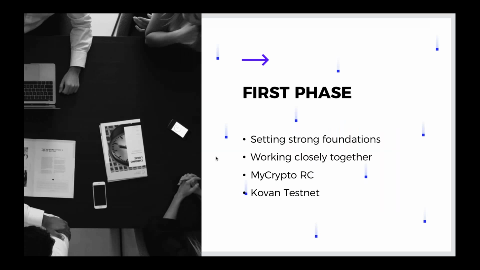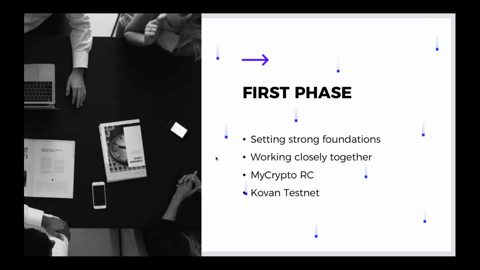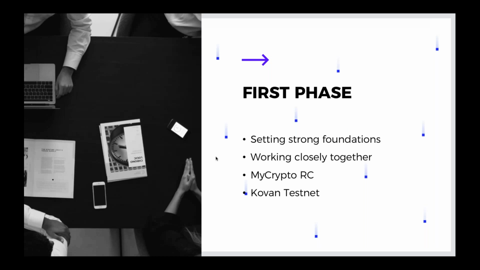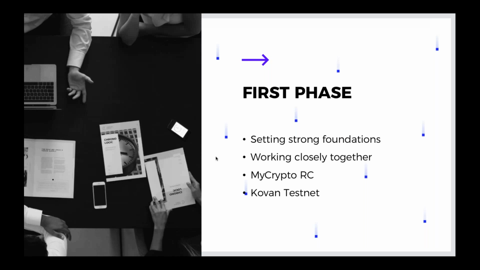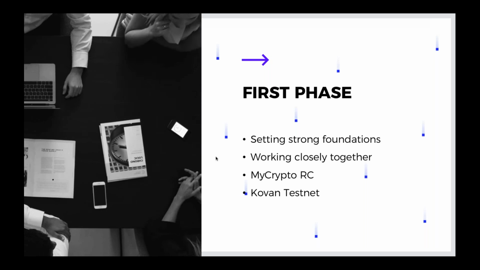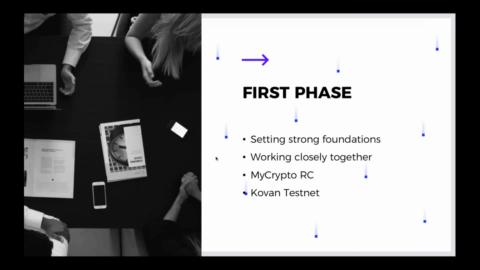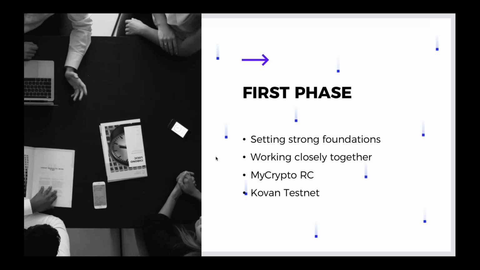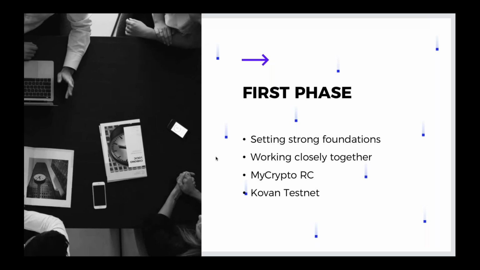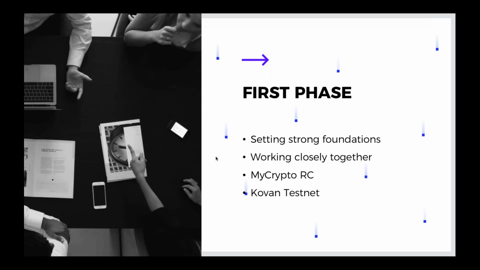So we updated you on the last webinar. We went through the first phase that we had with MyCrypto. When we started off with this integration, we wanted to set the correct strong foundations for this collaboration, and we started working closely together with MyCrypto to make this happen.